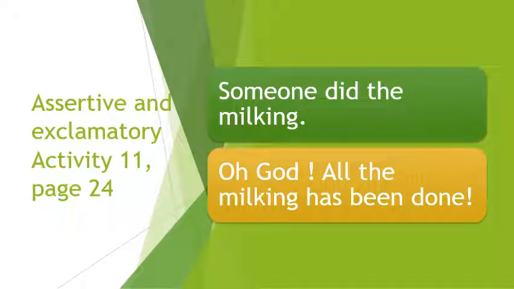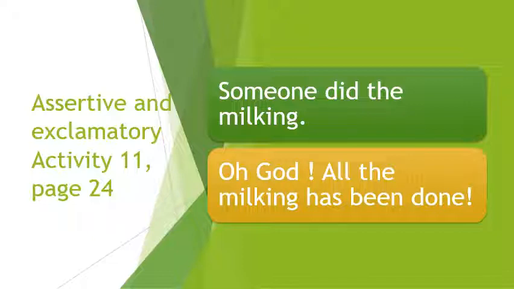Page number 24, activity 11. They have given you two sentences. Somebody did the milking. Sentence number 1. Oh God, all the milking has been done. That is sentence number 2. Which of these sentences is an assertive sentence and which is an exclamatory sentence?